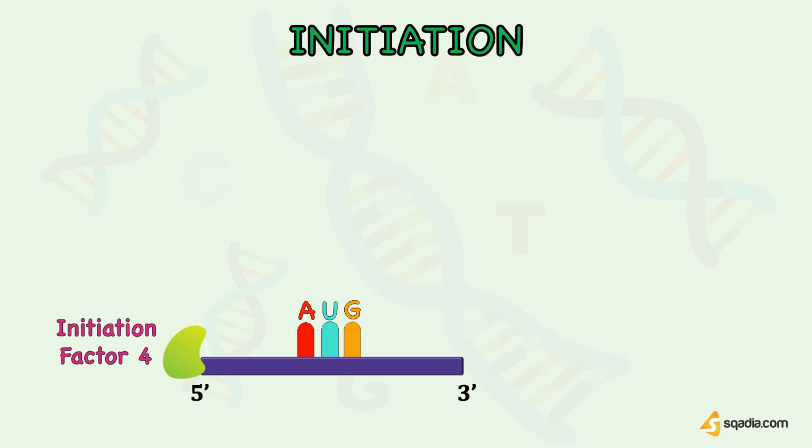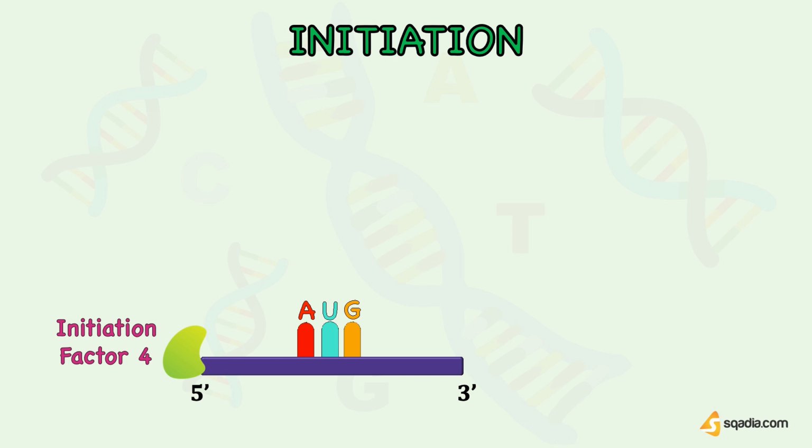So, what are the steps of initiation? Let us have a look. First of all, look here that this is the messenger RNA. Now take an example of any code, say AUG.